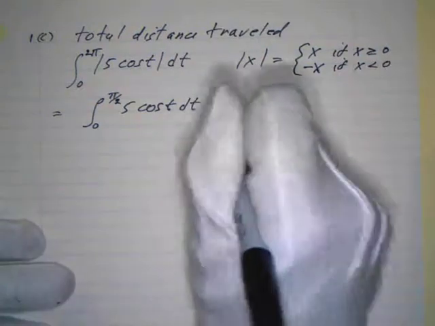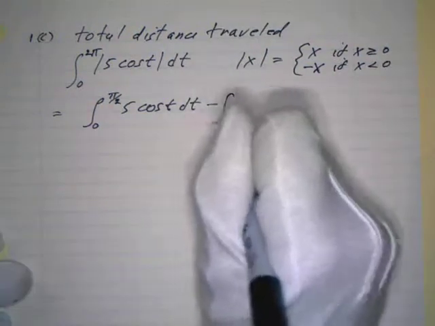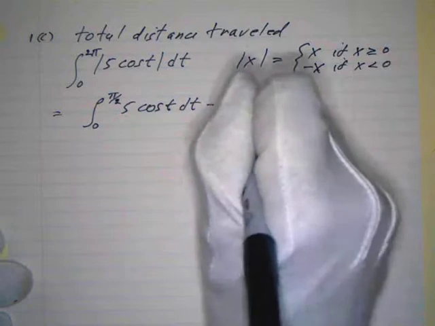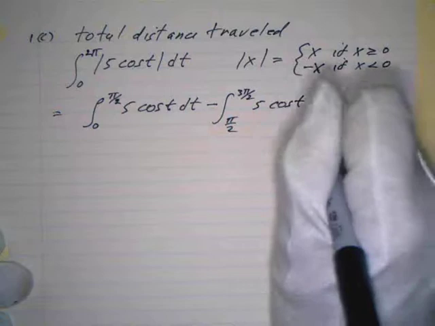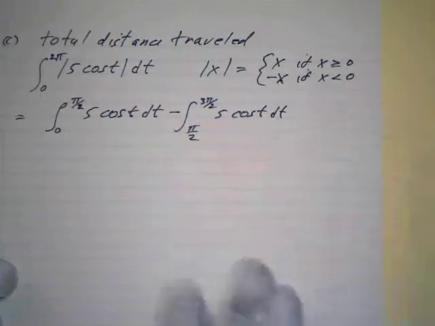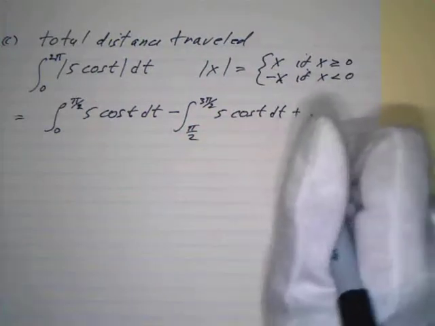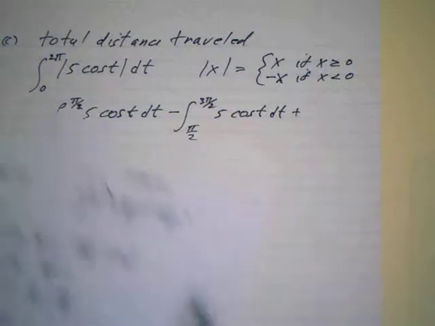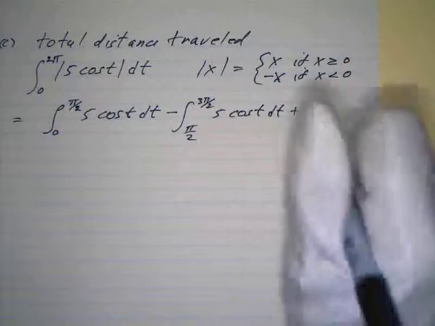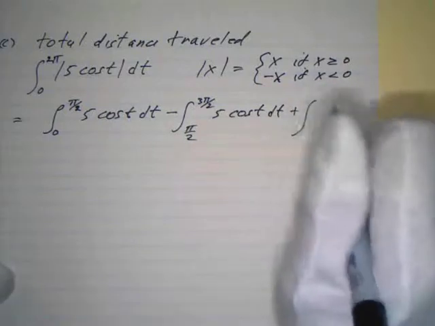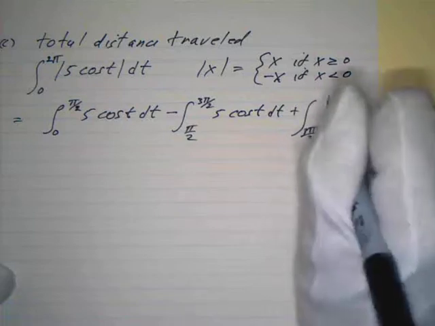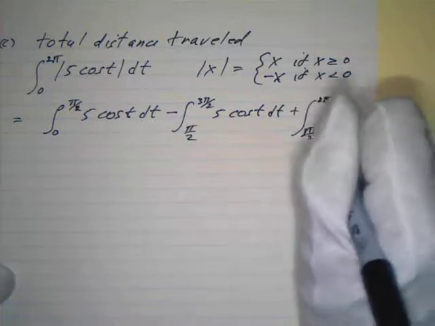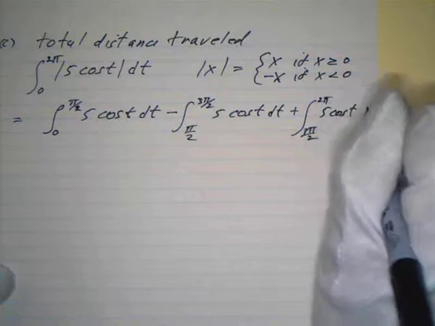That's negative the integral from pi over 2 to 3 pi over 2 of 5 cosine t dt, and then finally plus the last part, because that again is where it's positive, so I don't have to negate it. So plus the integral from 3 pi over 2 to 2 pi of 5 cosine t dt.